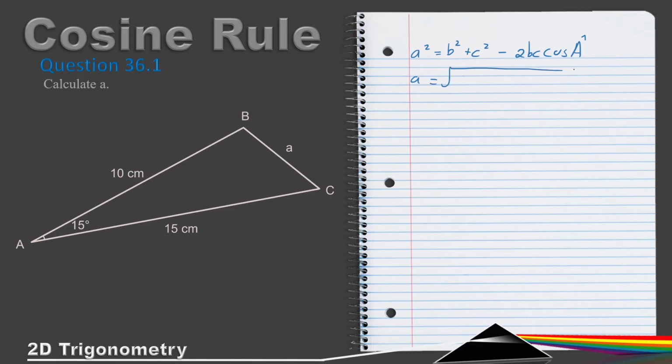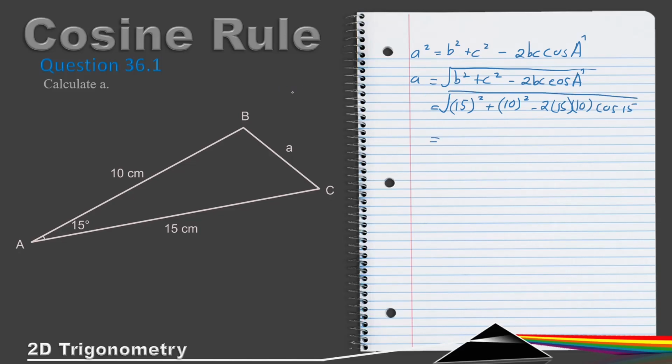That's the square root of b squared plus c squared minus 2bc cos of a, and substitute in the values. B is 15, c is 10, and then 2, again 15 and 10, cos of a, that's 15.